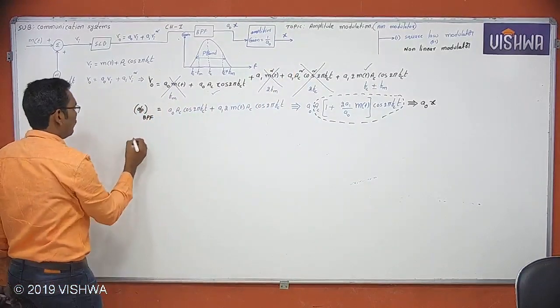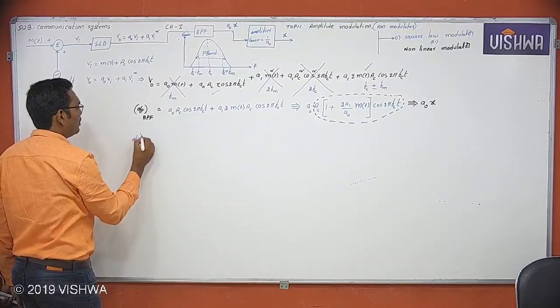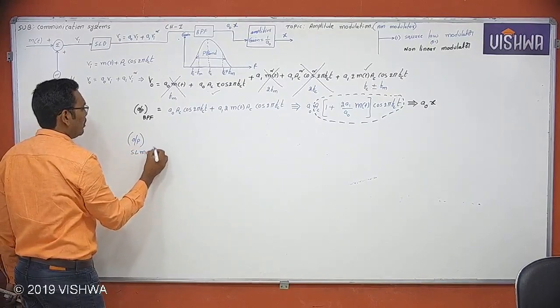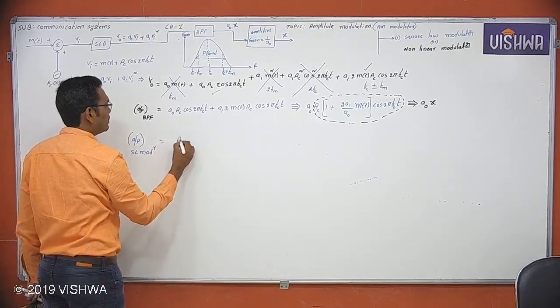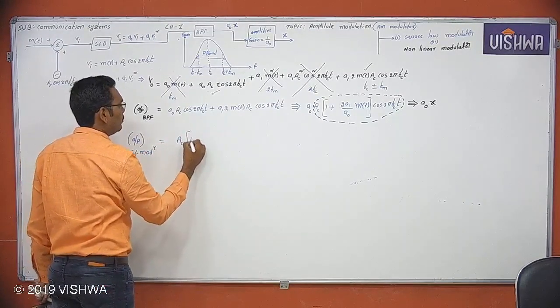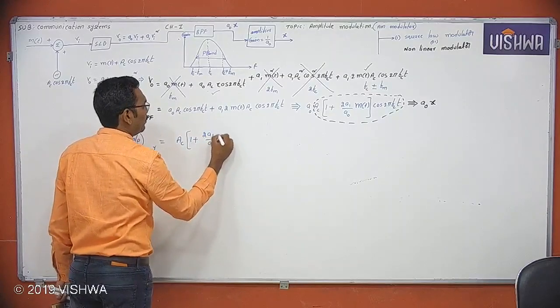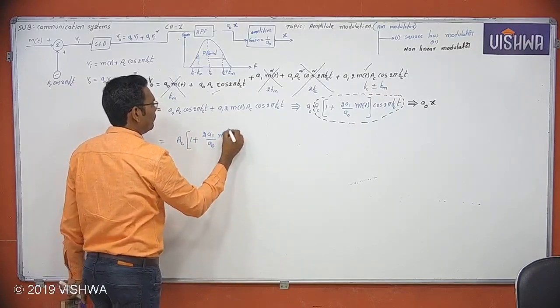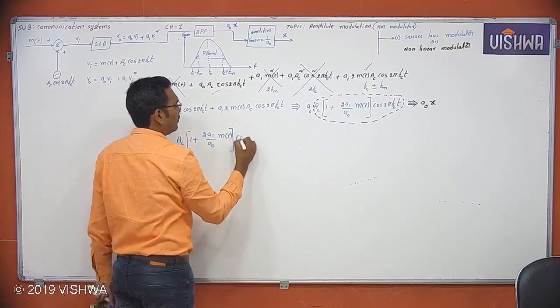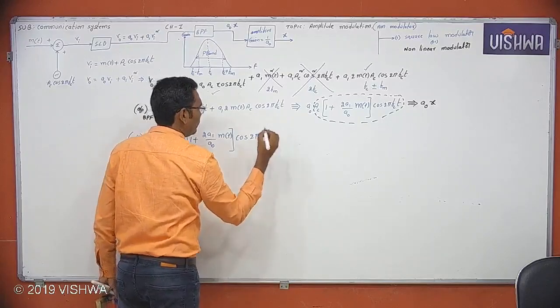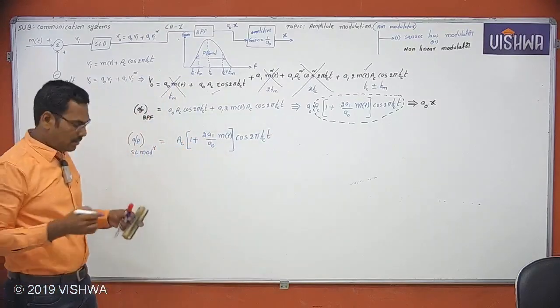The output of the square law modulator is finally AC into 1 plus 2A1 by A naught into m of t into cos 2 pi fc t. This is the output of the square law modulator.